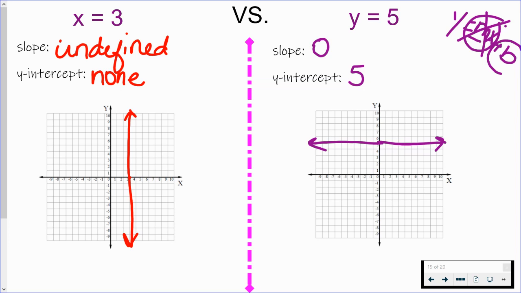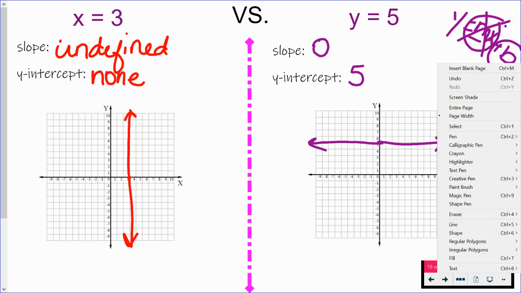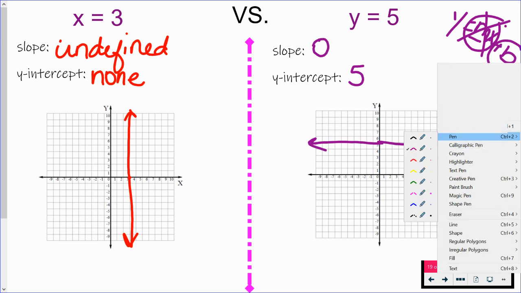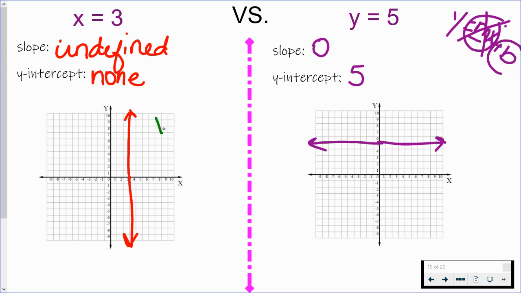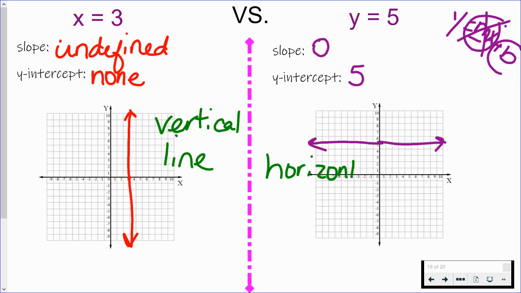So anytime it's x equals, you're going to have a vertical line. And if it's y equals a number, you're going to have a horizontal line.